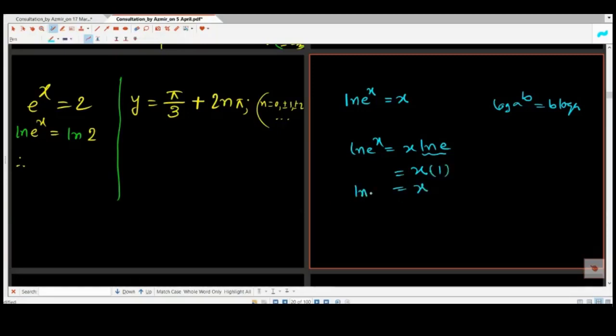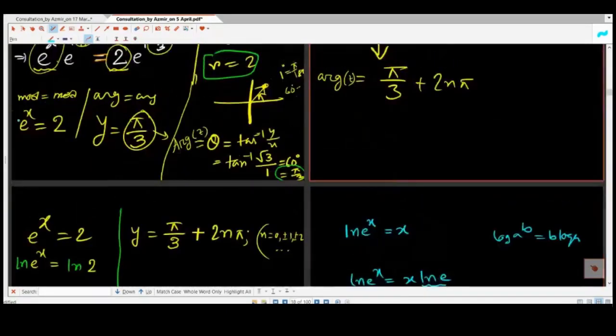So that means this natural log of e to the x is working as a real log. That means real logarithmic function. It is not a complex logarithmic function. It is a real logarithmic function since it is coming from modulus. Modulus is always a real number.